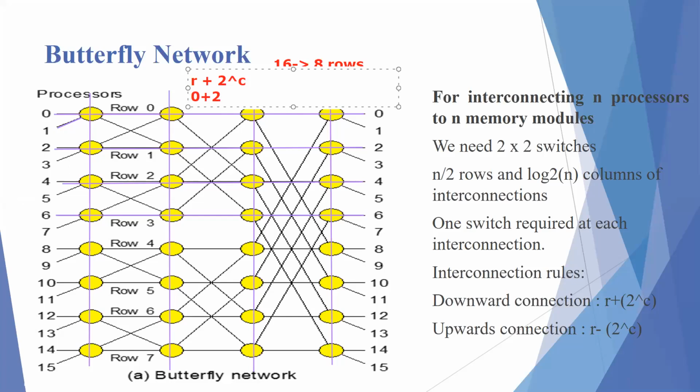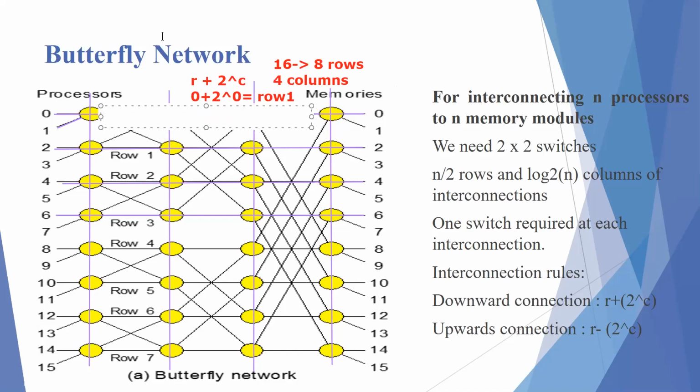So this gives me row number 1 as the output for a cross connection. Therefore I cross connect towards the increasing side. If there is any doubt, somebody who is hesitating to ask can always send me a chat message. So there's a cross connection from row 0, column 0 to row 1. Got it, everyone?